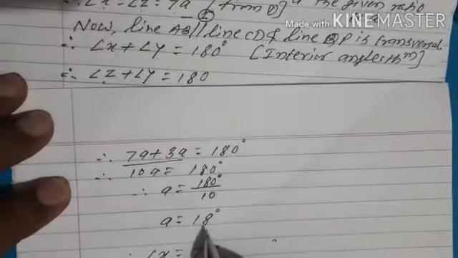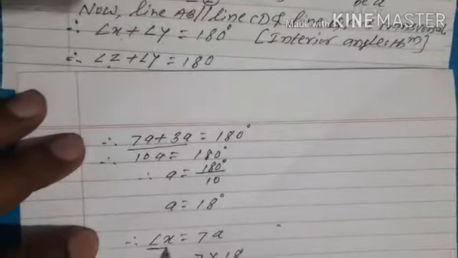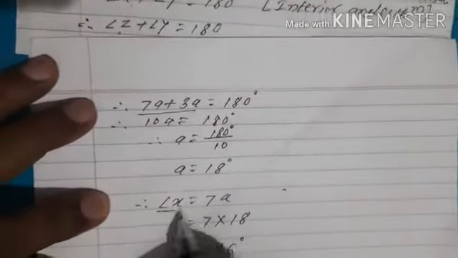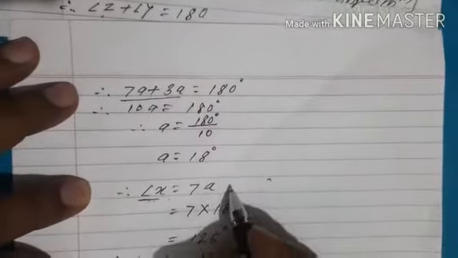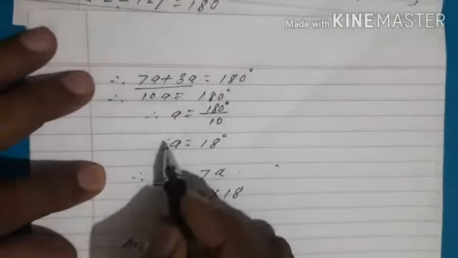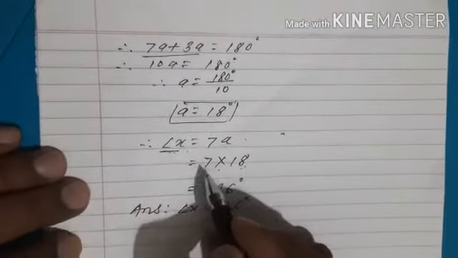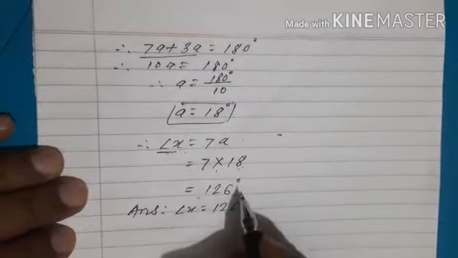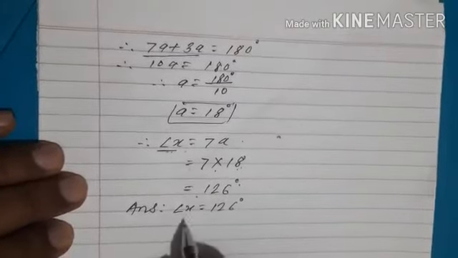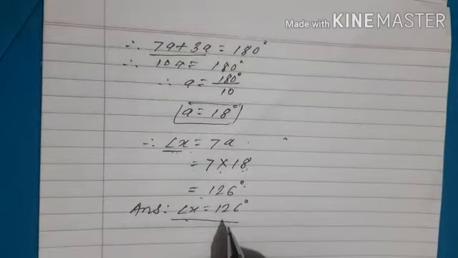Therefore a is equal to 18 degrees. Now you find here the measure of angle x. I write angle x is equal to 7a. This is equal to 7 into the value of a, 18. Therefore 18 sevens are 126 degrees. Therefore the answer is angle x is equal to 126 degrees.